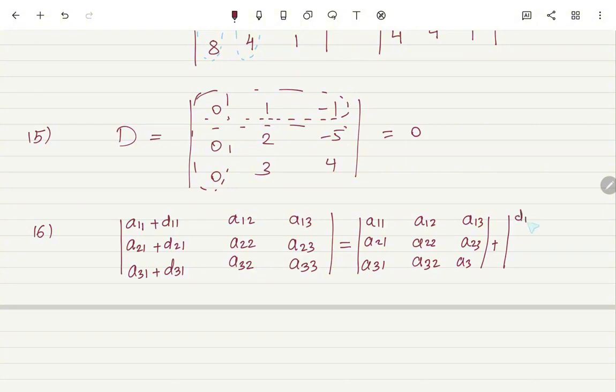So d1 1, d2 1, d3 1, a1 2, a2 2, a3 2, a1 3, a2 3, a3 3.